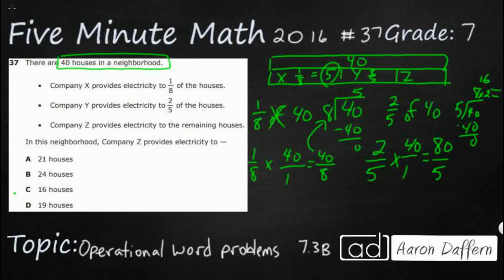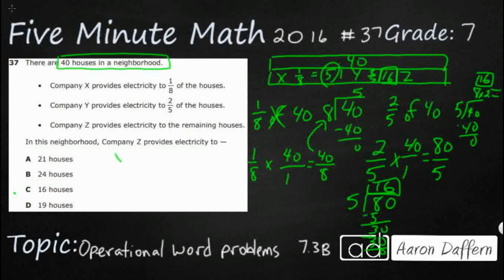So now I need to divide my 80 by my 5, and that's going to give us 16 because that's what we already did. So there's 2 different ways that we can arrive at that 16. So I've got 16 as company Y. So my company X is going to be 5.